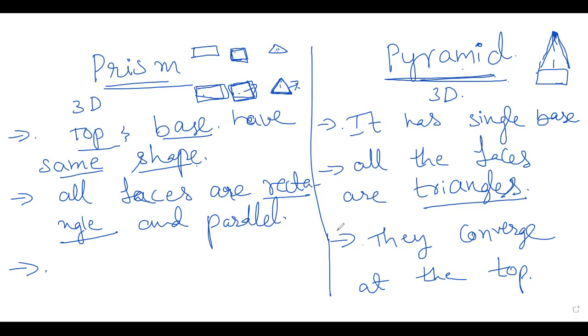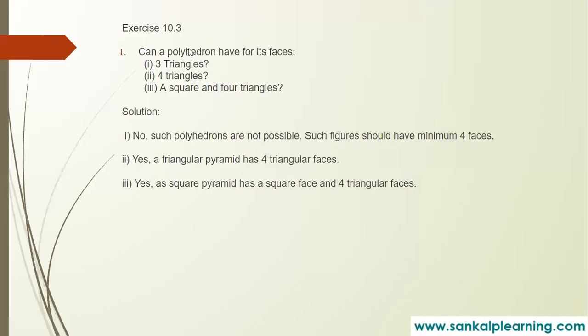I think all of you understood about prism and pyramid. We'll go for the exercise. Can a polyhedron have for its faces 3 triangles? See, by using 3 triangles, can you make any polyhedron, children?